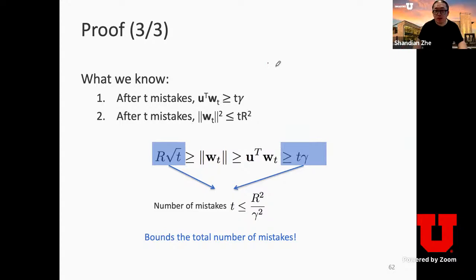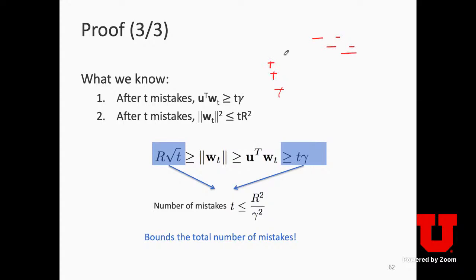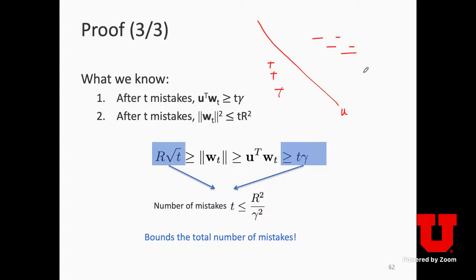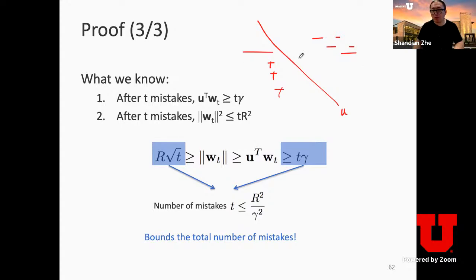Well, you can imagine this is your training example. I'm just assuming there is some separating hyperplane represented by u. But when you run the perceptron algorithm, we're dynamically adjusting another hyperplane, to finally lead to a position where it can also well separate the positive and negative examples.